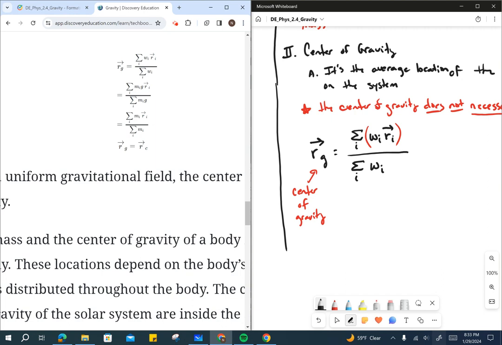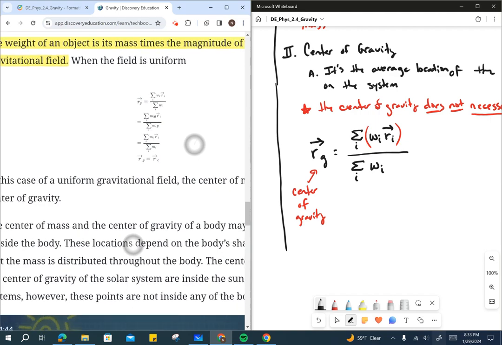Cancel out the gravity, and what you have is the sum of the m_i times the locations r_i divided by the sum of the m_i. And basically what you have is the center of gravity is equal to the center of mass. A vector quantity R_g is equal to the vector quantity R_cm. Okay?